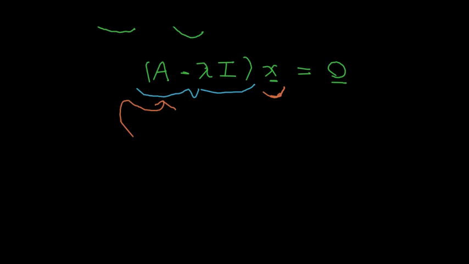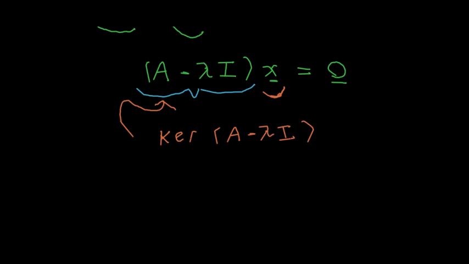Maybe what we're looking for is the set of all vectors that get mapped to 0 under the action of these matrices. And in mathematics, we call that the kernel. You may be familiar with that. The kernel is just the set of all vectors that get mapped to 0 under the linear mapping. So what we're really looking for is any vector in the kernel of this matrix here.